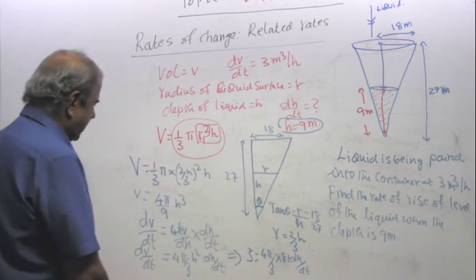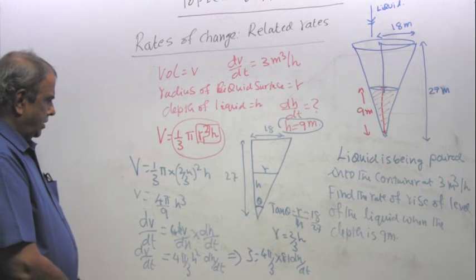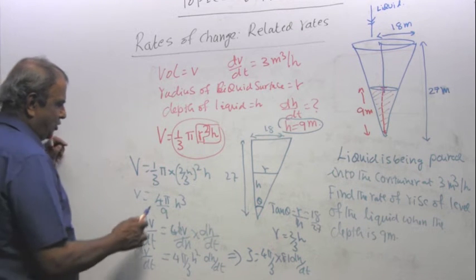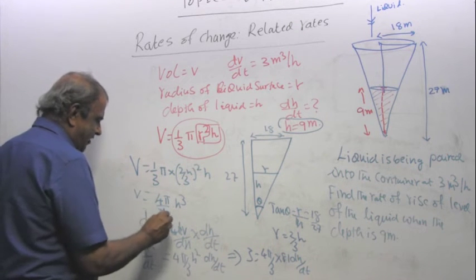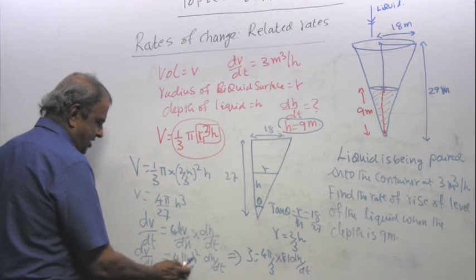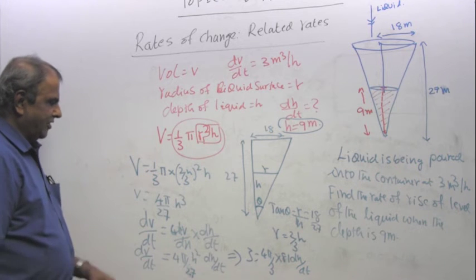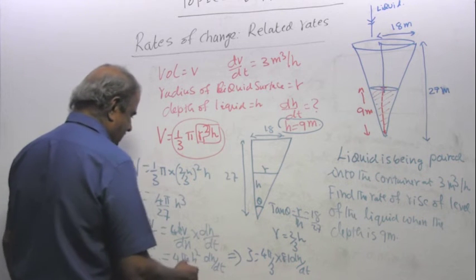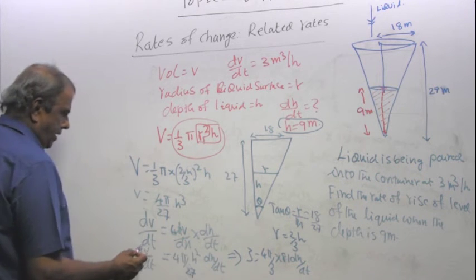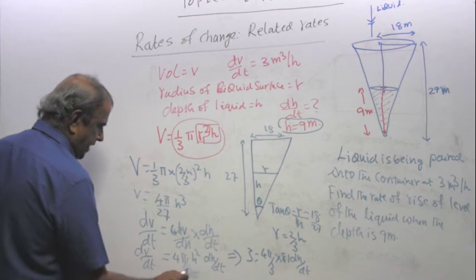Is my differentiation correct? You see, that was 27. I knew I had gone wrong somewhere because 3 squared is 9, 9 threes are 27. So when I differentiate that, this will become 9.